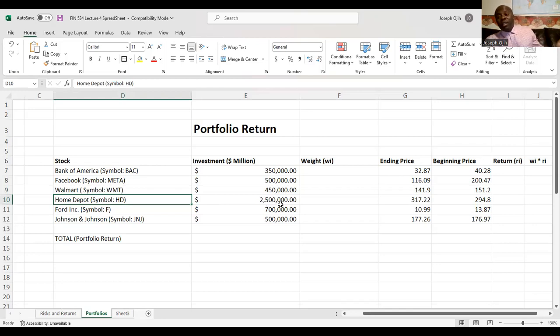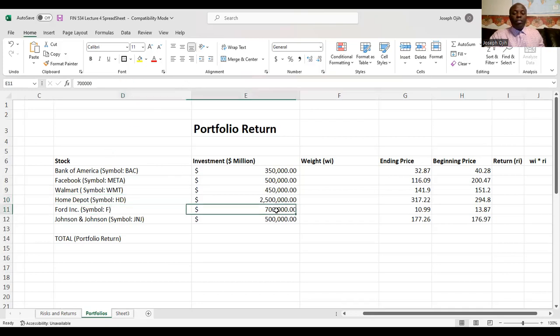For your own reason, you can decide to reshuffle this amount of investment in each company. Then Ford, you invested 700,000, and then for Johnson & Johnson, for me, I will input $2 million. I'll make my highest investment in either Walmart or Johnson & Johnson. But that's, by the way, just to show you how to use real life data. So this is the money you invested.